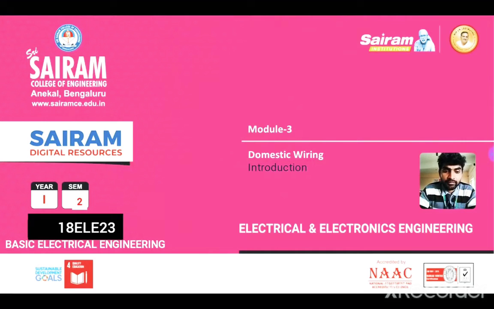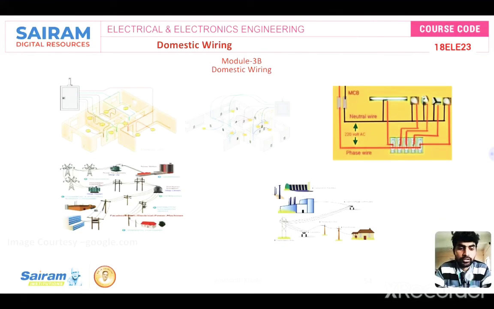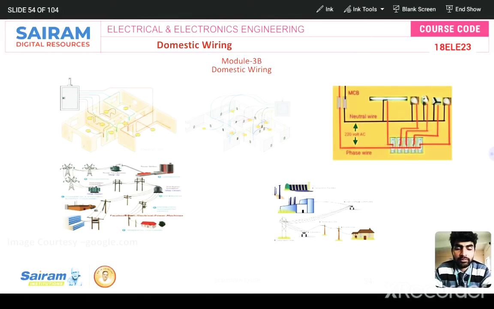Let's see the slide and the introduction part one by one. As you can see in the diagram, the first and second diagrams are the same, because this is a main distribution board.